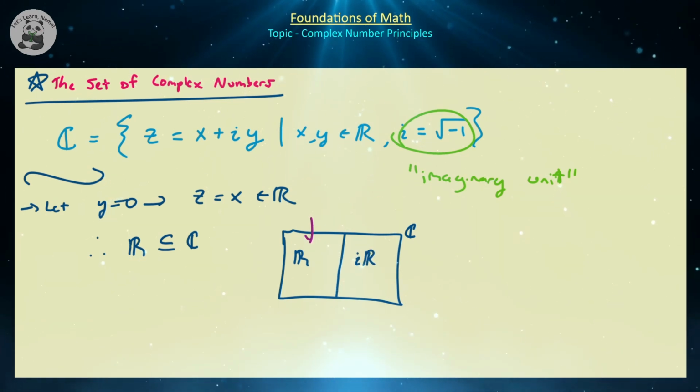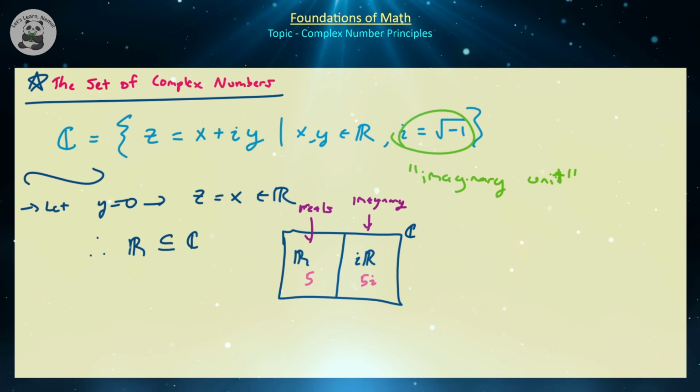R is the set of reals, iR is the set of imaginary numbers, and the reals and the imaginary numbers unioned together would be the set of complex numbers, right? And of course you have the combination of the two. For example, over here you have 5, over here you have 5i, and generally you can add these two together and you would still be in the set C.